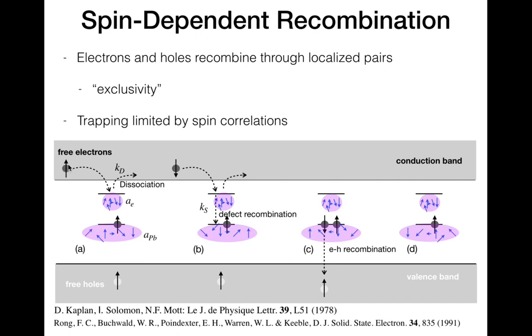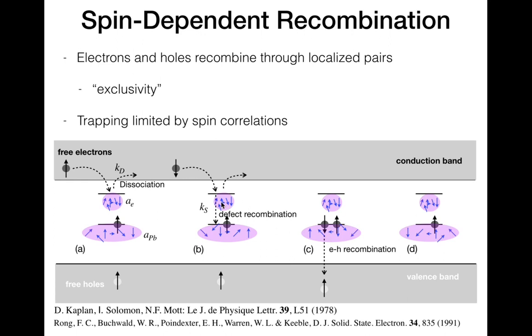And a free electron might be trapped by that donor, and then it can either dissociate with rate KD, or it could be captured by the deep defect at rate Ks. Okay, so you have these two different processes that can occur. The pink with the little arrows in, that's modeling the hyperfine fields that might be at these different sites. Okay, so then let's say it gets captured, so now we're over here, we have a doubly occupied state.